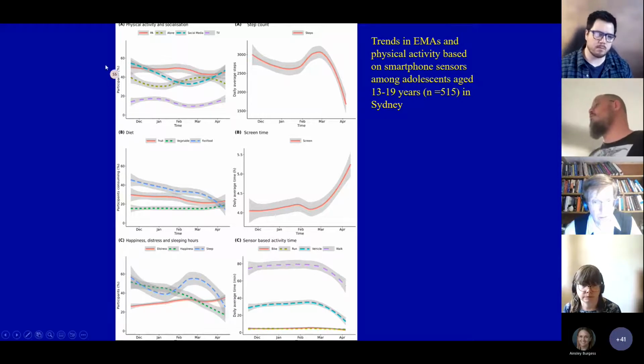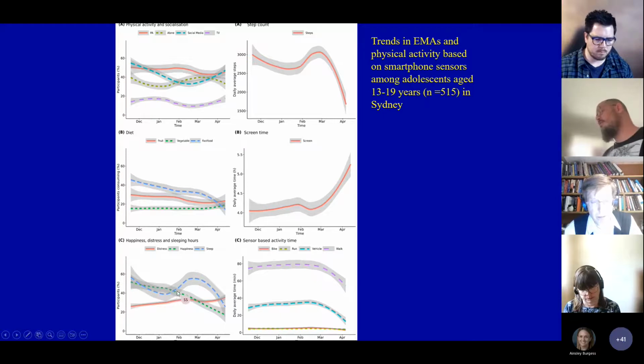Those are the percentages of participants that did physical activity, with a small decrease in March, and the number of steps going really down. The time they spent with the screen on went up very high. We can see that happiness was going down since the end of the holidays. It's not just COVID, and the distress was going up.